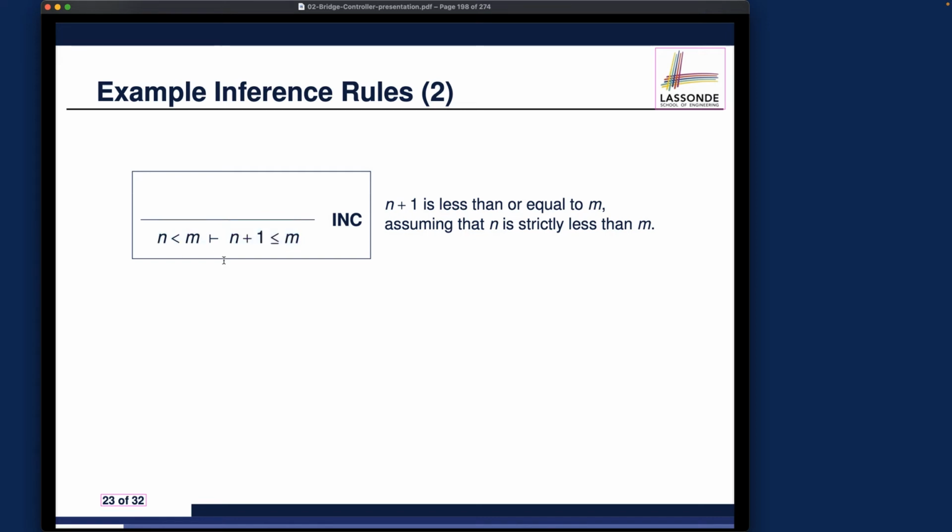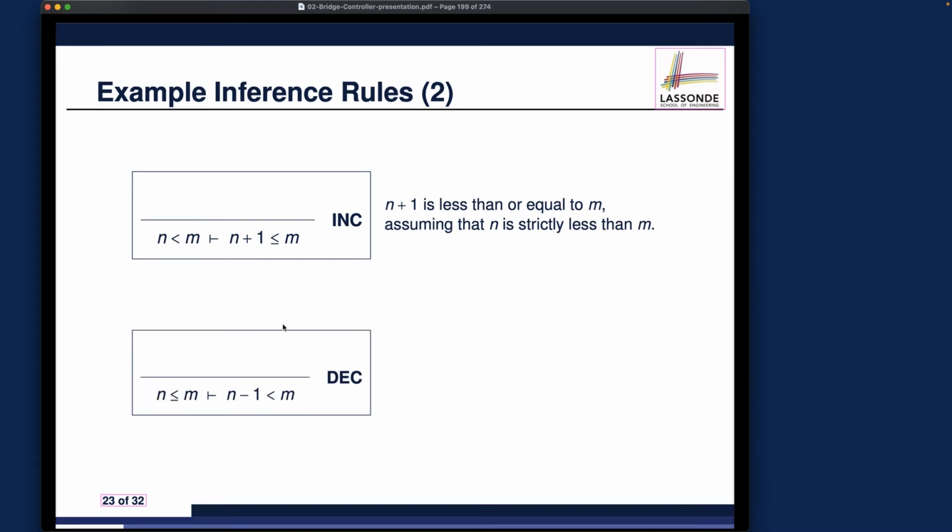The second one is kind of symmetric. So we're saying that n minus 1 is strictly less than m, assuming that n is less than or equal to m. For example, let's say 4 is less than or equal to 4. In that case, 4 minus 1, which is 3, is now strictly less than 4.